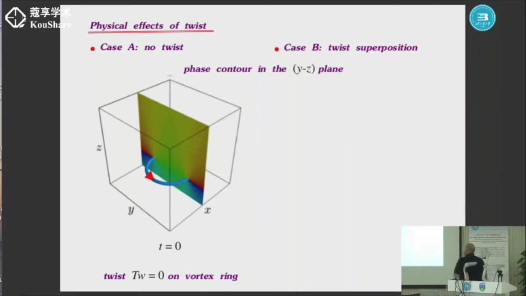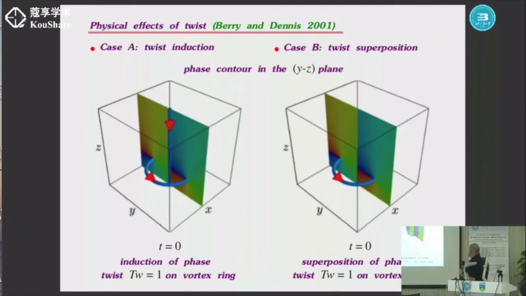Of course, physical effects associated with knotting and linking have been studied by people in the past. In particular, if we have no twist on a vortex ring, then through the phase contour we can see the result of twist superposition. The twist superposition gives you the phase map, so to speak, the contour plane here.